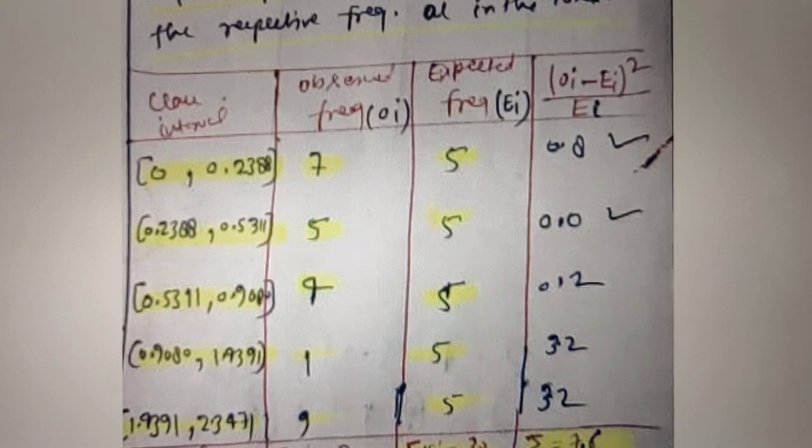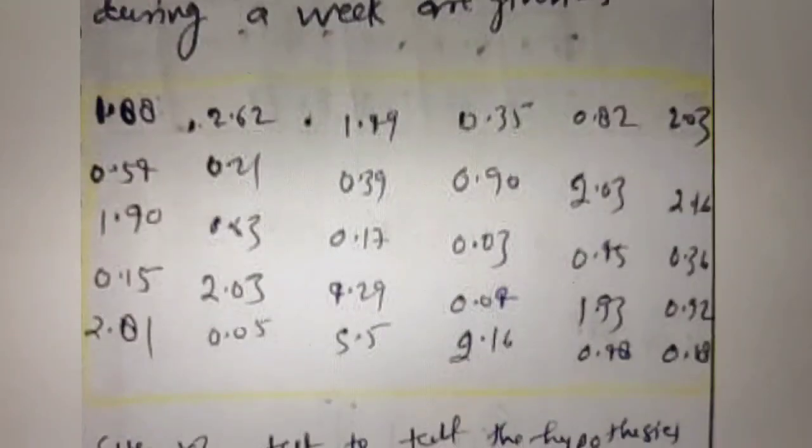So I am trying to show you that in 0 to 0.2388 there is 1 record, 2 records, 3, 4, 5, 6, and this one is 7. This is how we have to find out how many records lie in a particular interval.